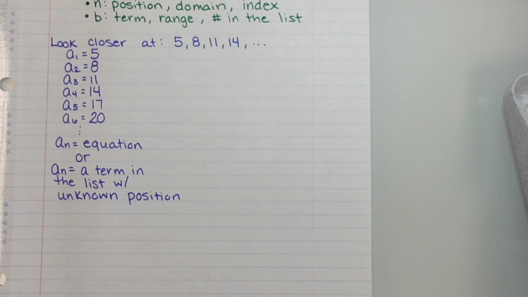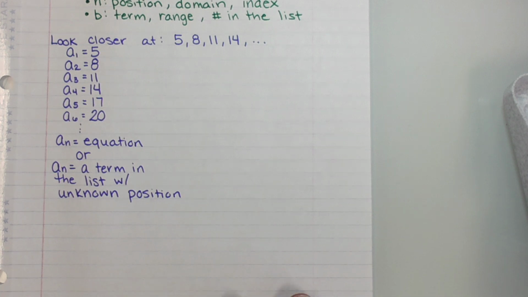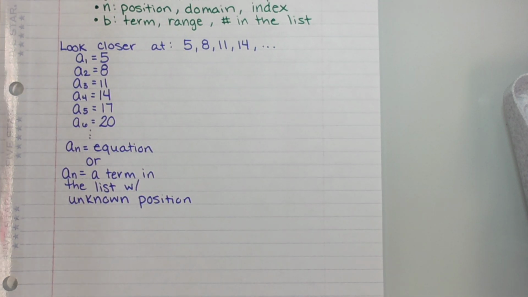Now, this is essentially a sequence kind of function notation-y thing that we've got going on here. Now, similar to functions, we can do something with sequences. Oftentimes when you're given a function, for example, f of x is equal to x plus 2, what are you going to be asked to do with it?